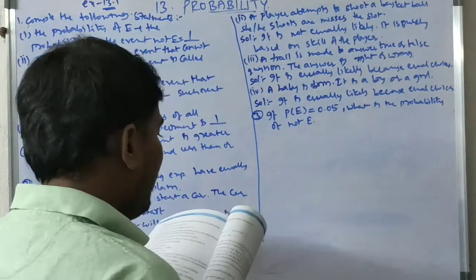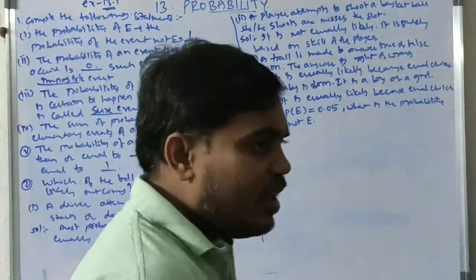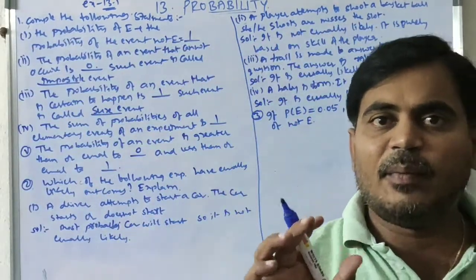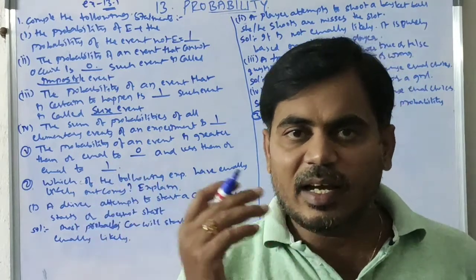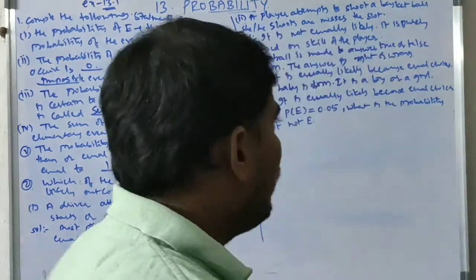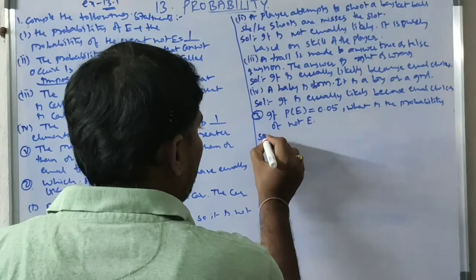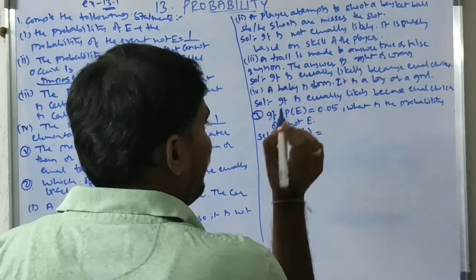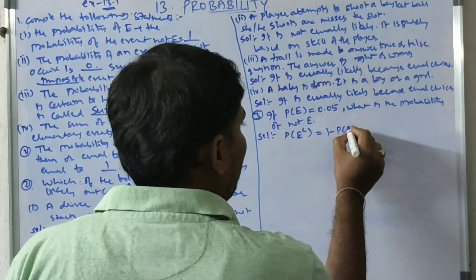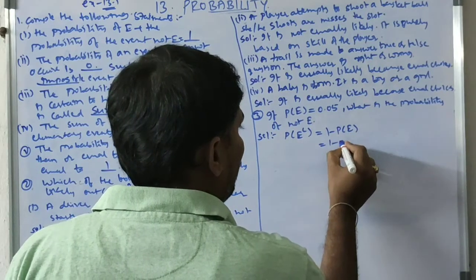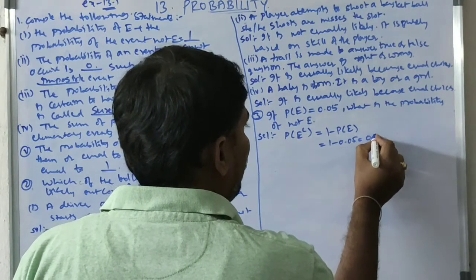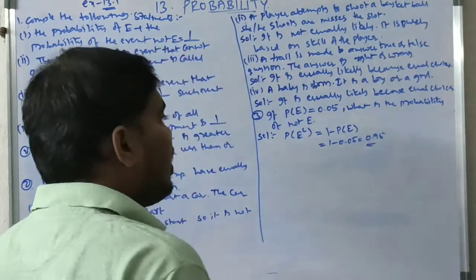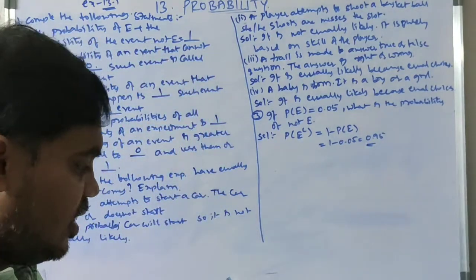We already know the sum of the probabilities of event E and not E is equal to 1. So P of not E, which we denote as P of E complement, is 1 minus P of E, equal to 1 minus 0.05, equal to 0.95. So this is the probability of not E.